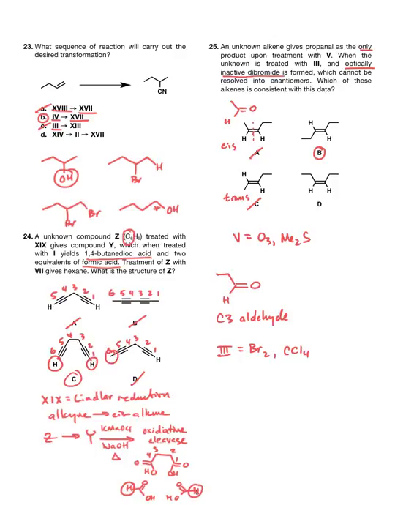So how do we determine that? So the trans alkene forms the bromonium ion.